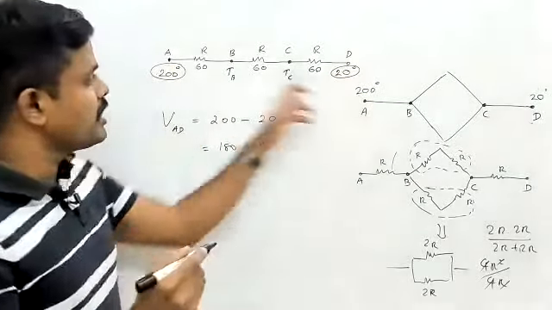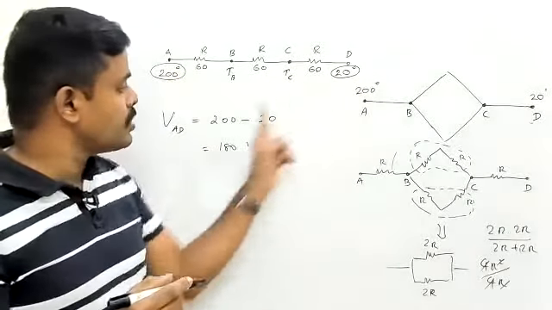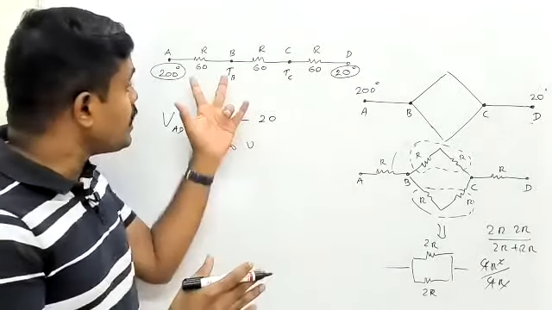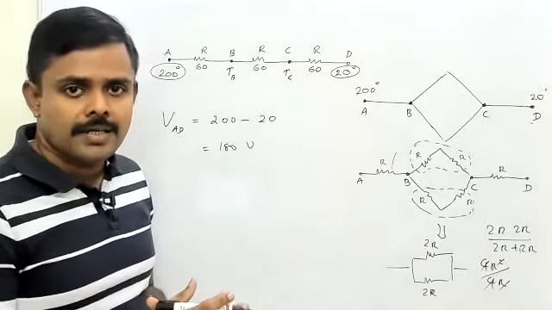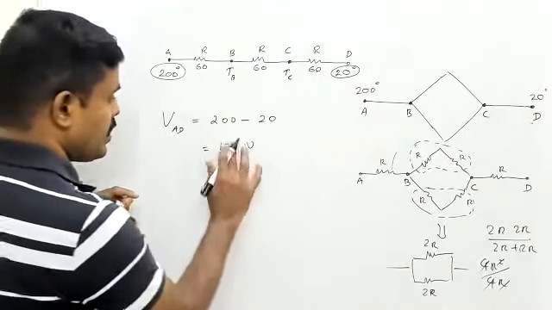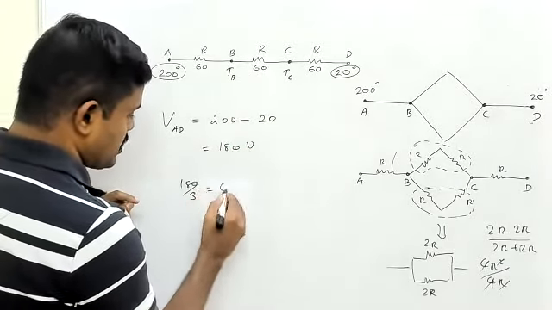So the potential difference between the endpoints is 200 minus 20, 180. Those 180 volts will be equally spread across the three resistors. Why equally? All are identical. So 180 divided by 3 is 60, right?